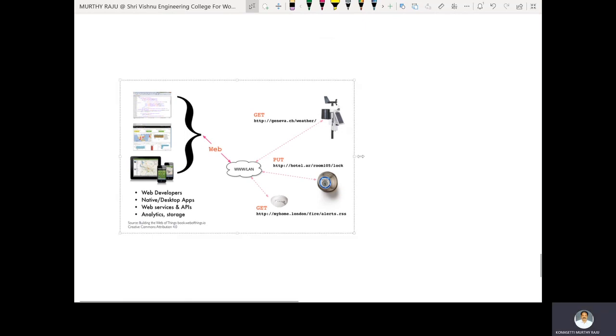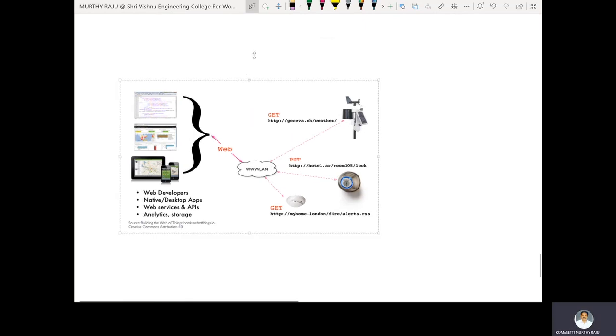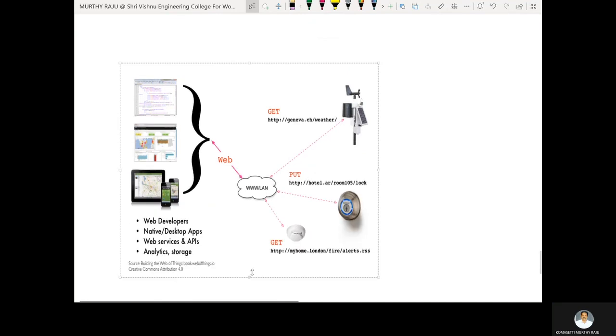Finally, this is the URL. These are the web developers, native or desktop apps, web services and application program interfaces, analytics, and storage. The web is created by using www, with a LAN-connected network used here.